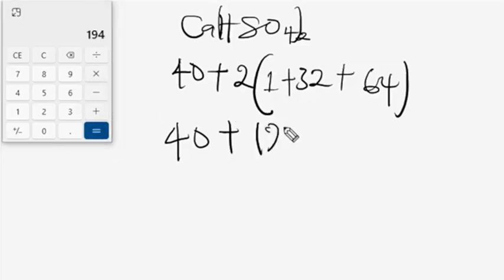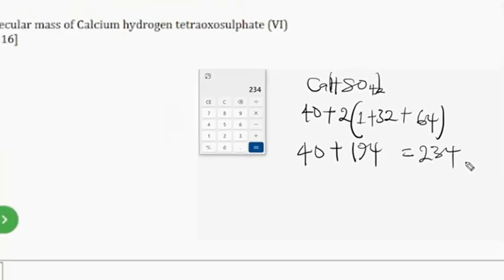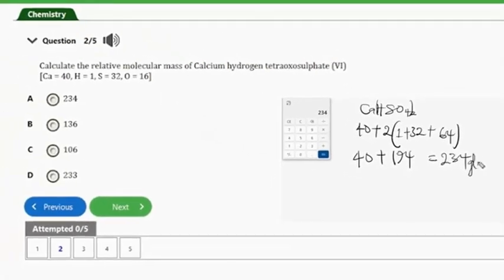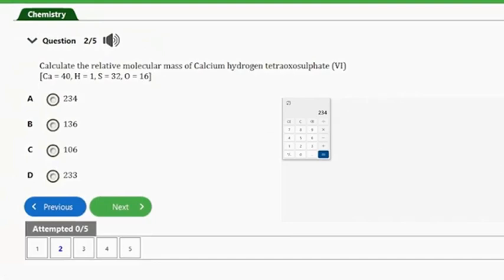When we add this 194 to this 40 here, we'll have 234. That will be the answer to this question, and that's 234 grams per mole. So option A here is the answer to this question. That's 234 grams per mole.